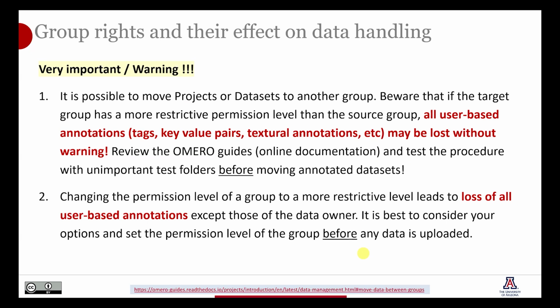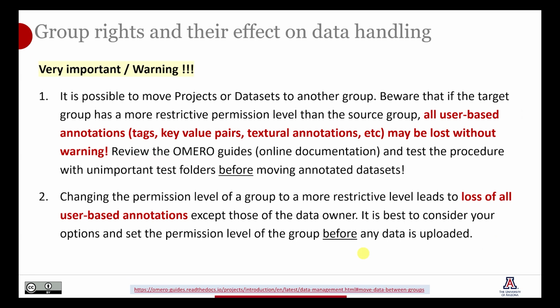In that case, if there's a difference in their permission levels, it's very likely that all user-based annotations, that includes tags, key value pairs, other textual annotations, will be lost without warning. We strongly encourage you to review the OMERO guides and test the procedure with dummy folders or unimportant test folders before moving to critical data, because you don't want to lose that information.